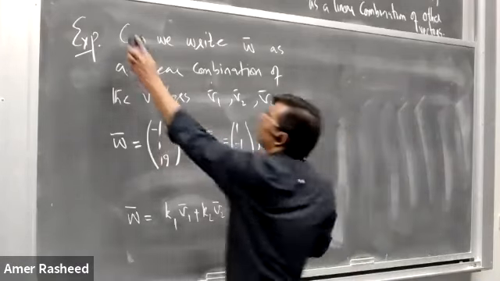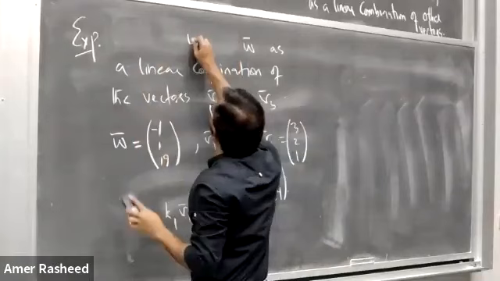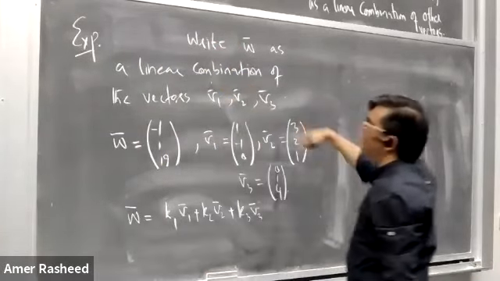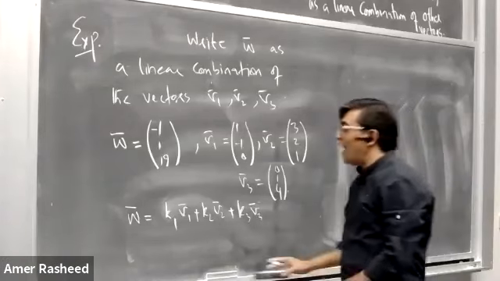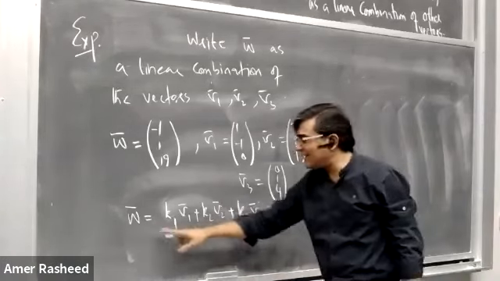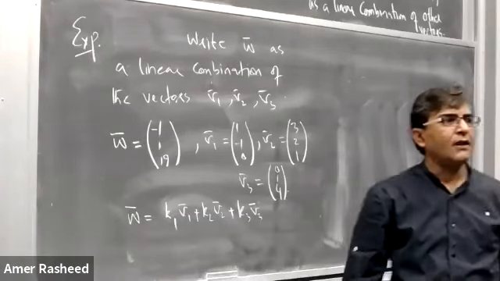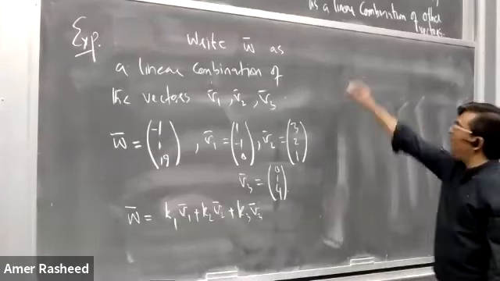But if I say write W as a linear combination of this, then you have to write this expression and you have to find the values of K. Okay, now W is what?